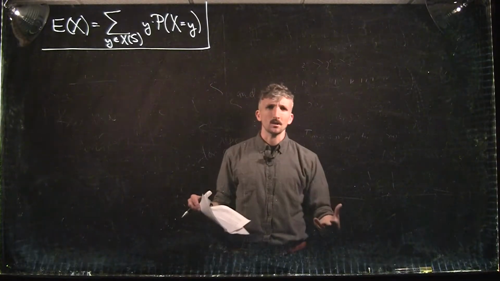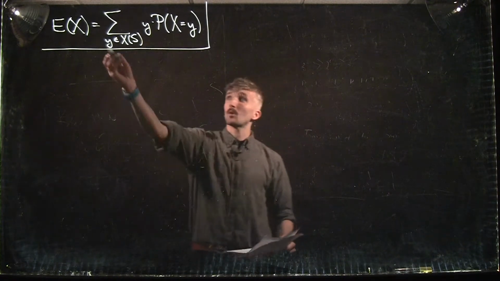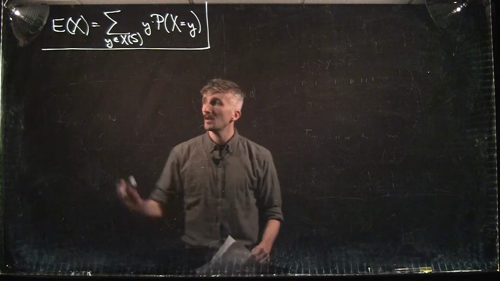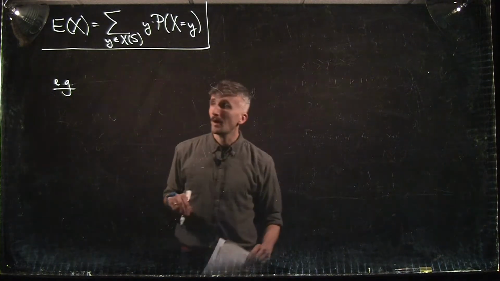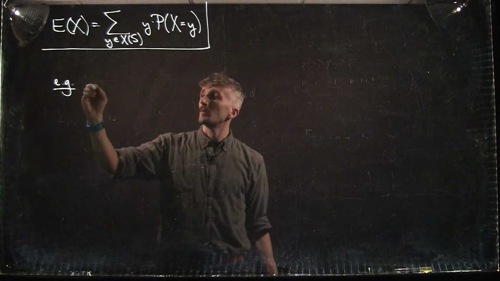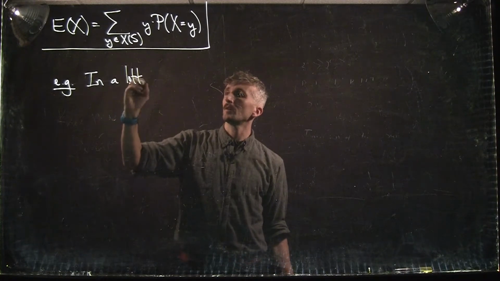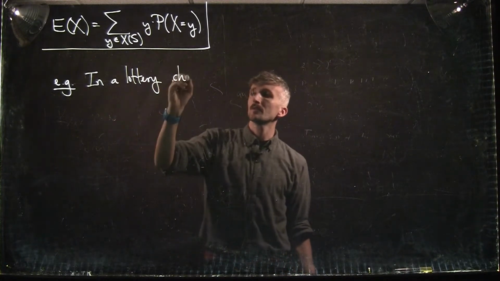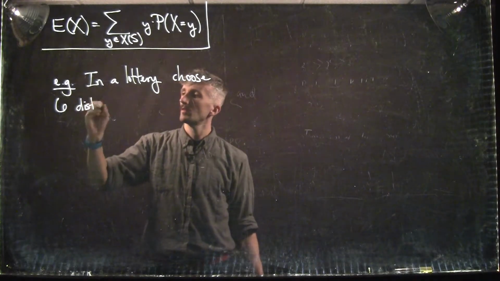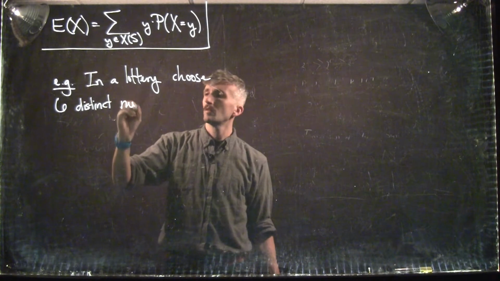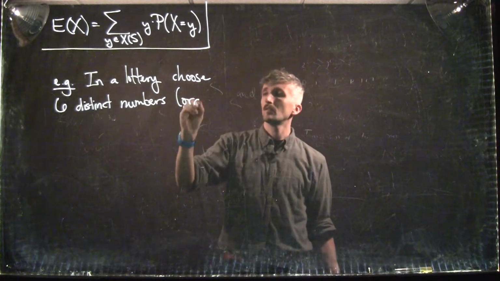So let's see how expectation plays out in a pretty concrete example. I've recorded the formula here so we can remember it. Our example here will be one of a lottery, right? So how does this lottery work? In a lottery, this particular one, we choose 6 distinct numbers. The order in which we choose them does not matter.